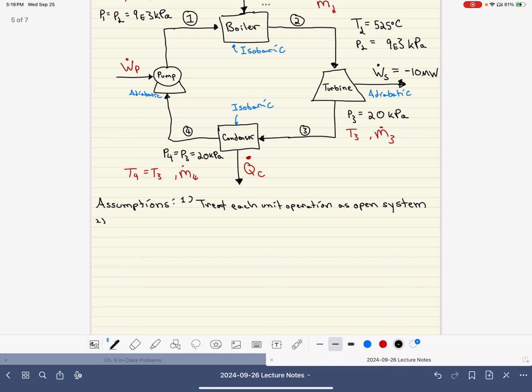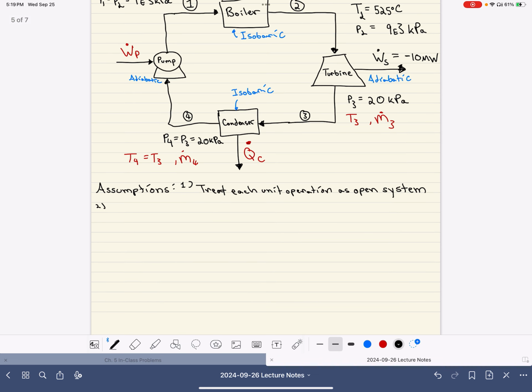Similarly, these parameters aren't changing with time, so we're going to assume that the cycle is also operating at steady state. We're not going to worry about changes in kinetic or potential energy. And in this problem, because we're dealing with steam, we're going to use the steam tables.